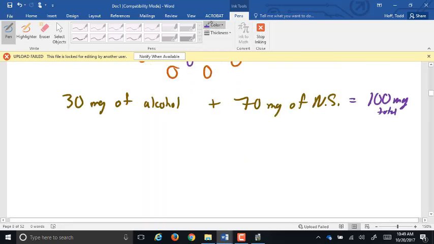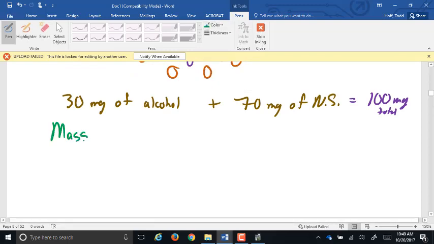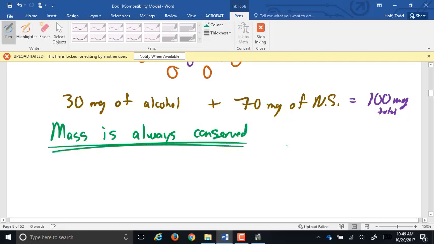Mass is always conserved. I say that kind of tongue-in-cheek. Mass in things that we do, it's going to sound weird, but at the surface of the earth at normal speeds is always conserved. The only time mass is altered is if you go at speeds approaching the speed of light. Hopefully you're not mixing things quite that fast.